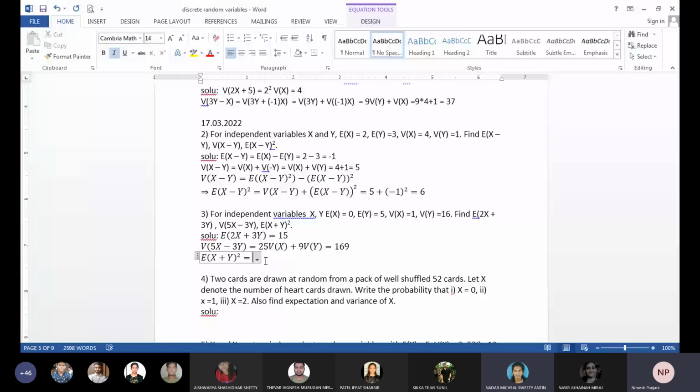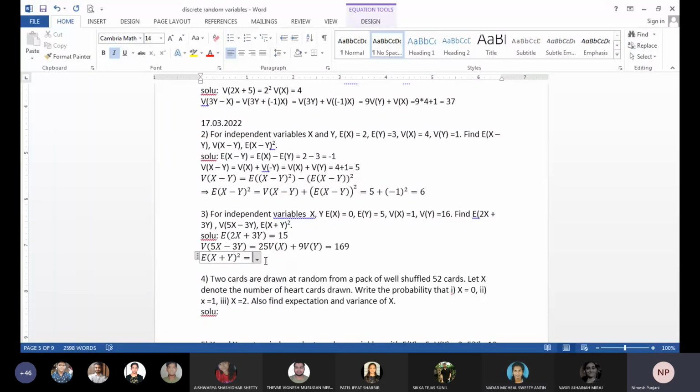So 22. हाँ, 22. Okay. Expected value of. What was the technique you used? Can you tell which technique you applied? I just used property 3.